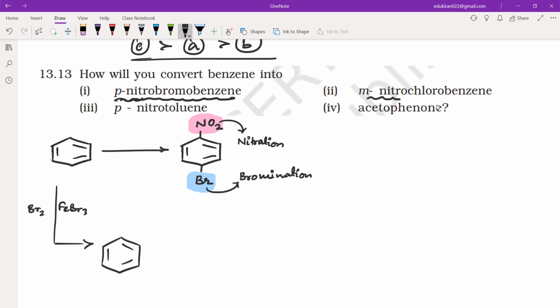Just like that, or is there some reason? You're saying this will be the pathway, na? Right, Samaira? Yes. Why this? Why not the other way?